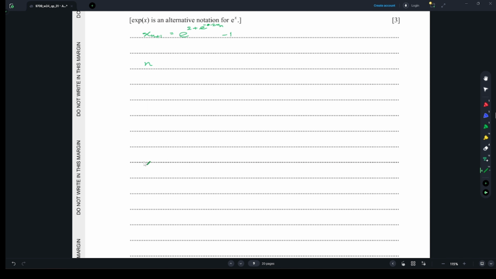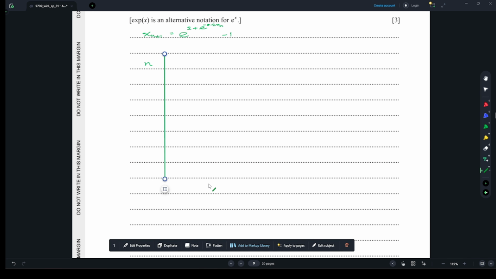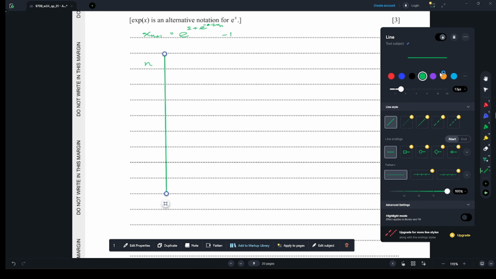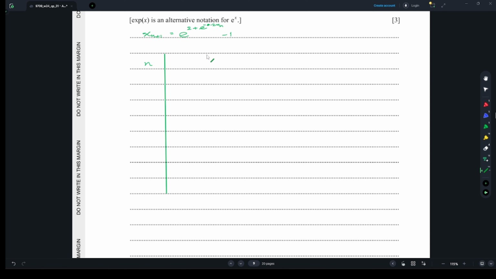Okay, I will take it like this, and then you also have to create another column for the equation.